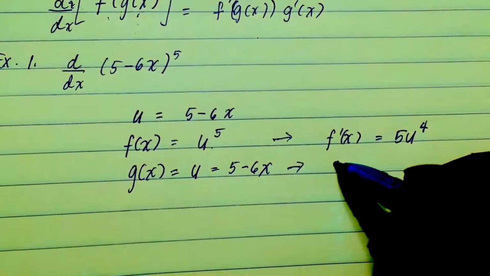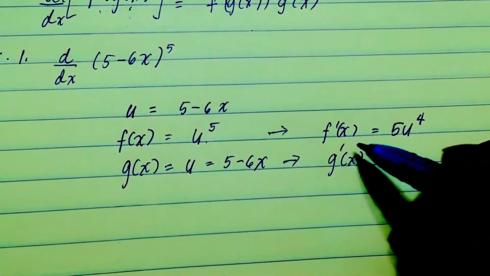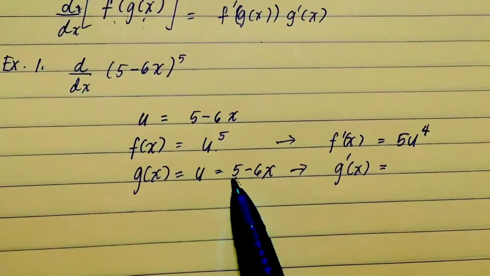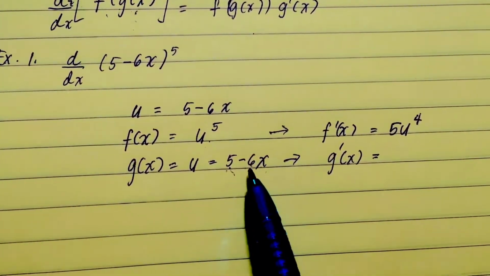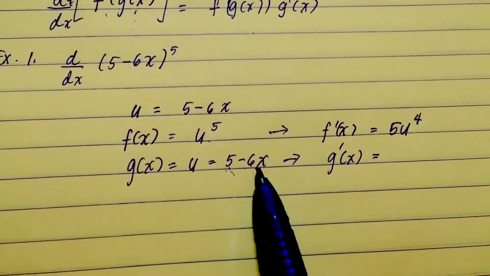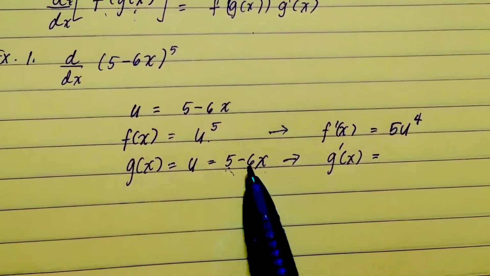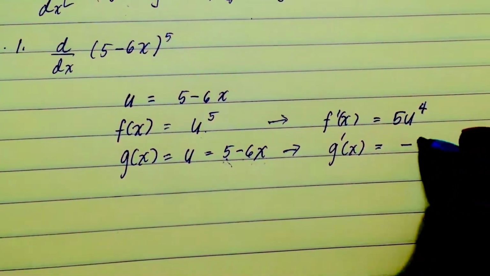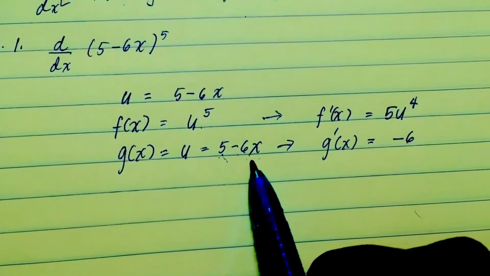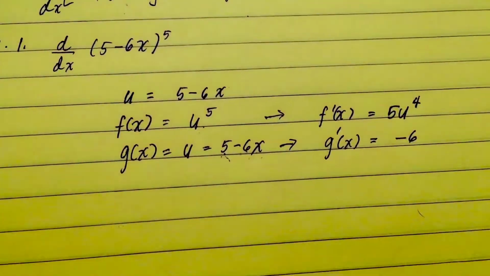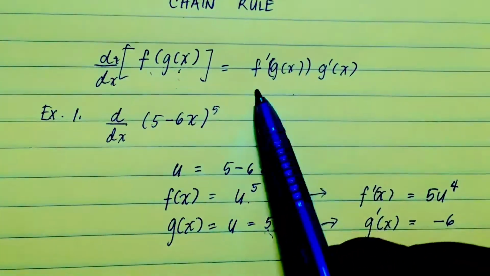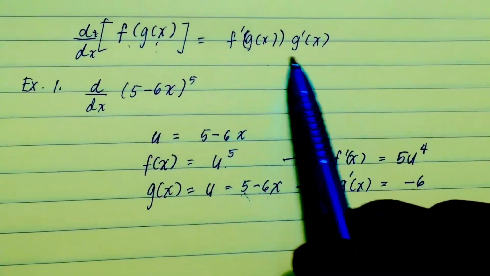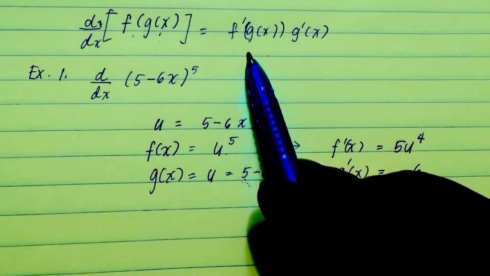Then how about the g of x? Derivative of g of x. So 5 minus 6x, 5 is a constant, and this one is a constant multiple rule. So the derivative of 5 is 0. This one is negative 6 because negative 6 times 1 is negative 6. Now we're going to substitute all the values for your derivatives. Okay?